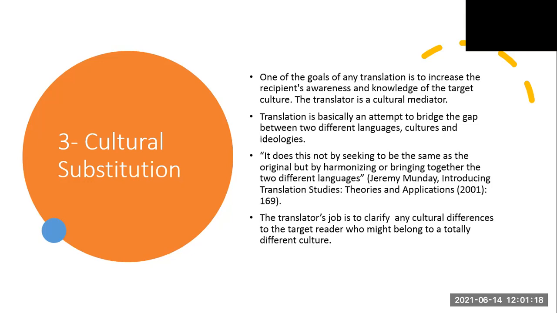Because if you are translating, for example, a text from English into Arabic, you have to clarify to me this culture, because I'm not English. I do not belong to the English culture. I belong to a different culture. When do we use this and how do we do it? Let's see some examples.